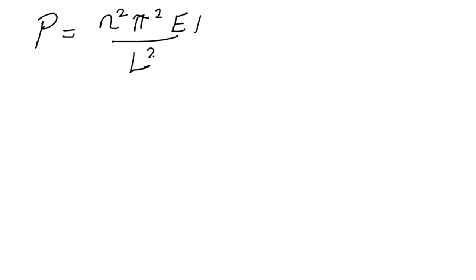So let's just write this up again. P is equal to n squared pi squared EI over L squared for n equal to 1, 2, 3, and so on.